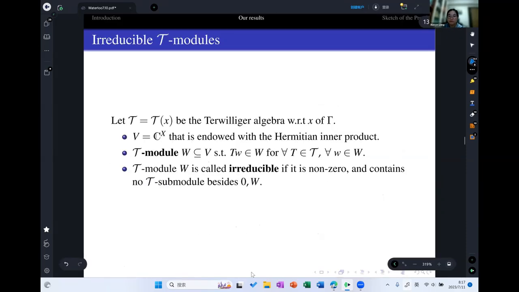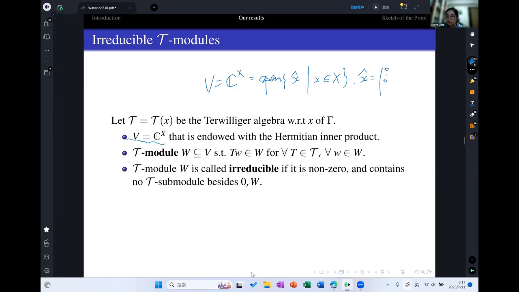And for the graph, we can also define V. V is a subspace equipped with the Hermitian inner product. So V is C to the X, actually spanned by vectors x hat, where x hat is this vector with only 1 in the x position.